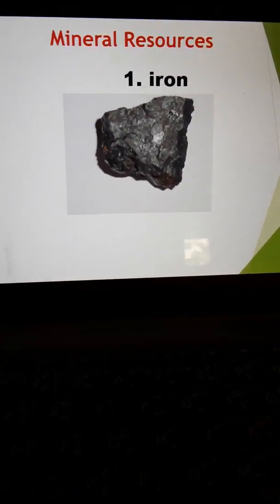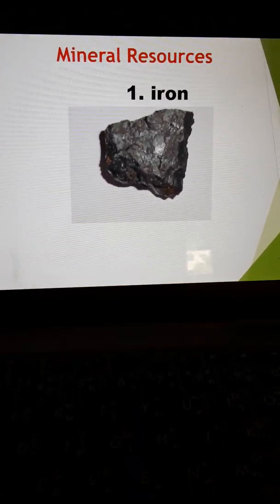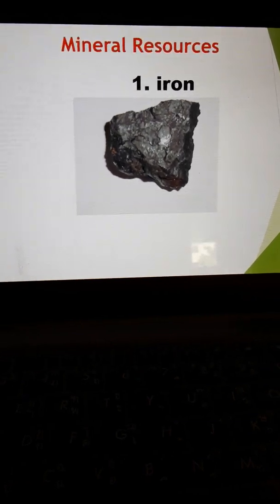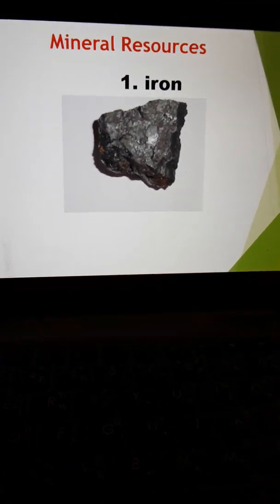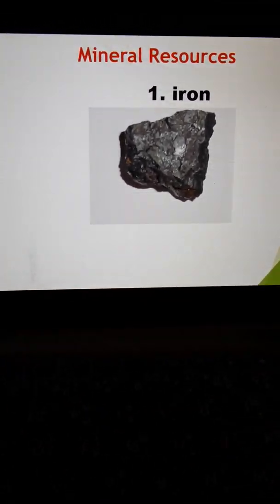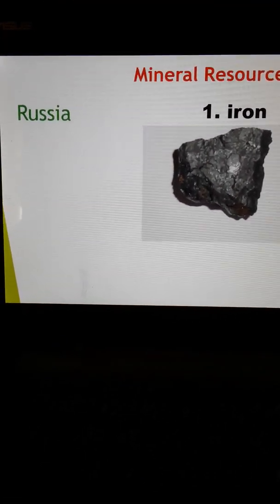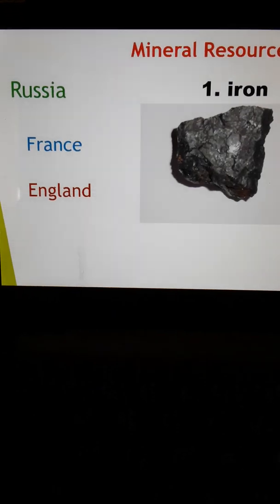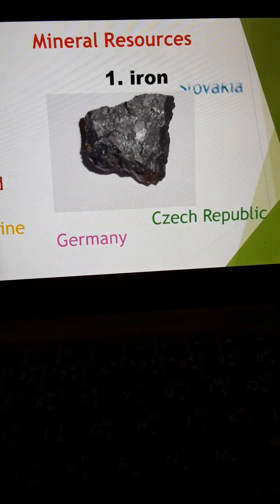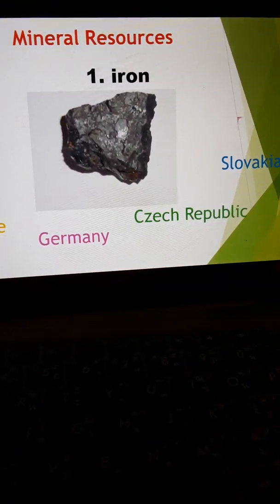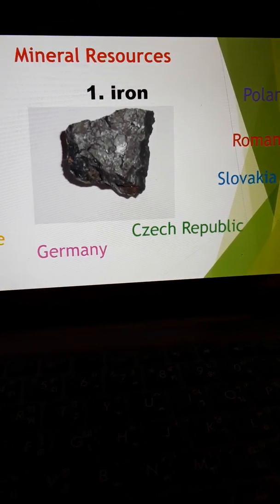Now, mineral resources. That's why in the beginning we said that Europe is considered an industrialized continent. First we have iron. This iron is abundant in Europe. Iron is found in Russia, France, England, Ukraine, Germany, Czech Republic, Slovakia, Romania, and even Poland.